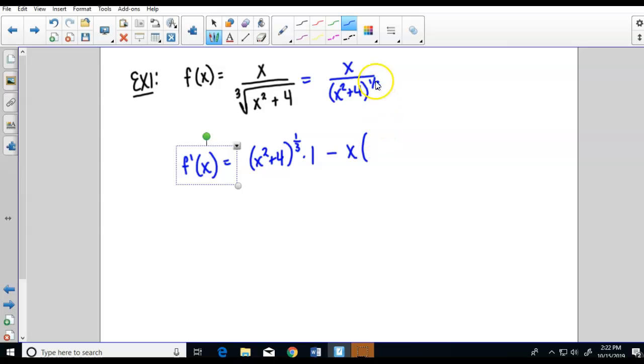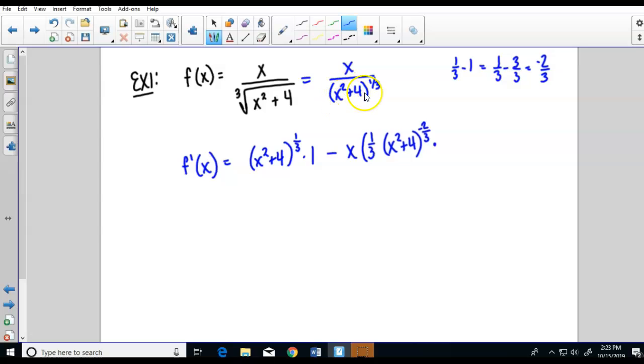So we're taking the derivative of this part: 1/3 times x squared plus 4 to the 1/3 minus 1, which is 1/3 minus 3/3, which is negative 2/3, times the derivative of the inside part, which is 2x, all over the denominator, x squared plus 4 to the 1/3, squared.